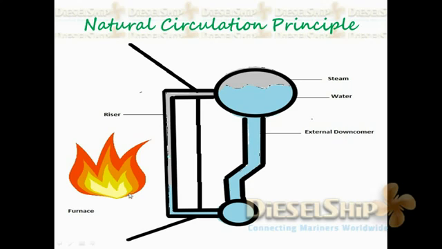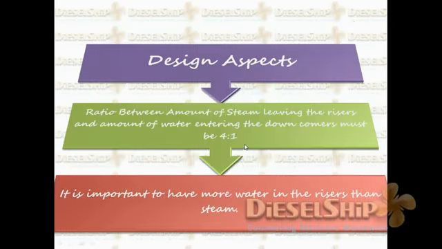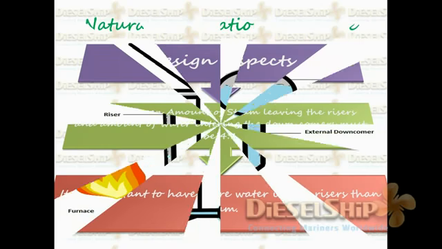And let's now go to the design principle. Why do we have an external downcomer and what should be its size? The design aspect is that the ratio between the amount of steam leaving the riser and the amount of water entering the downcomer must be approximately 4:1. Let's get back to the picture and understand this.